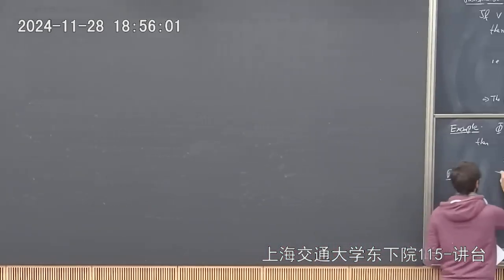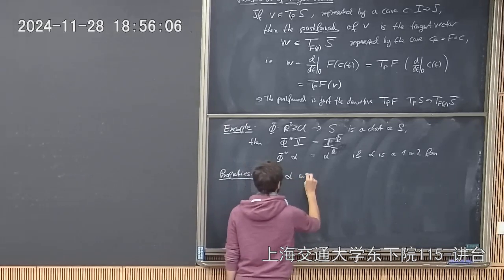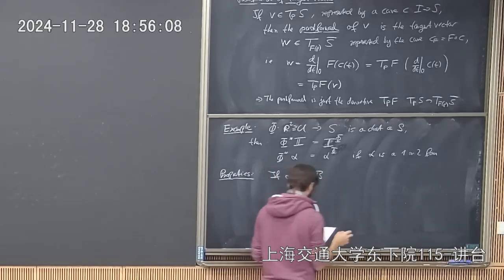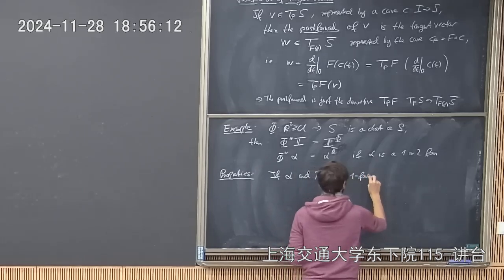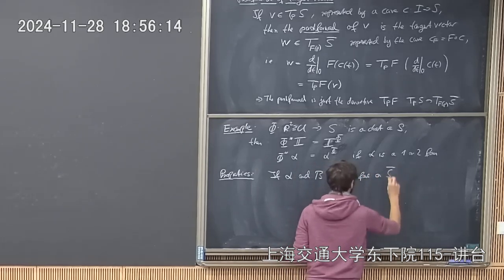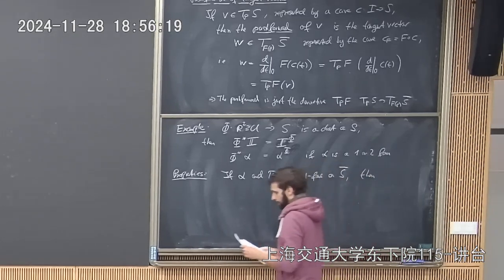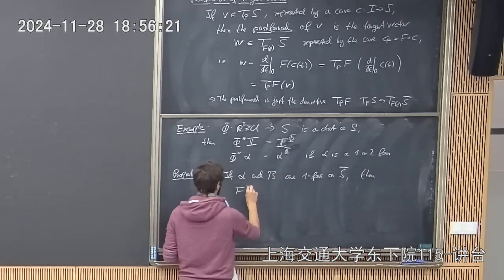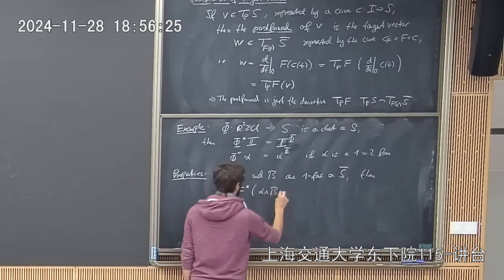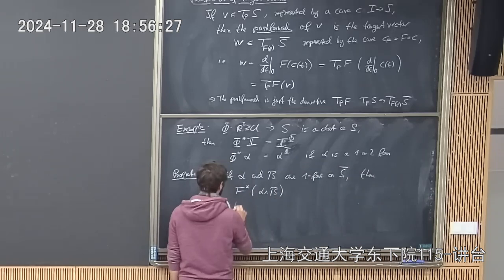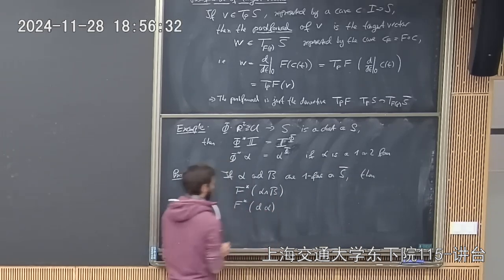So if alpha and beta are 1 forms on S bar, then what we would like to calculate is the pullback of the wedge product. And we would like to calculate what is the pullback of d alpha.